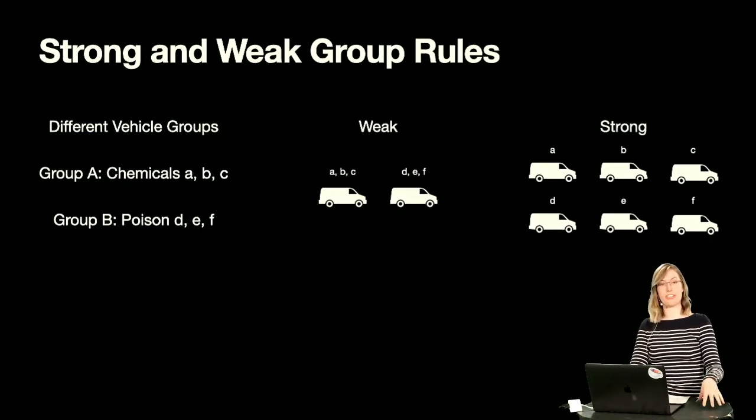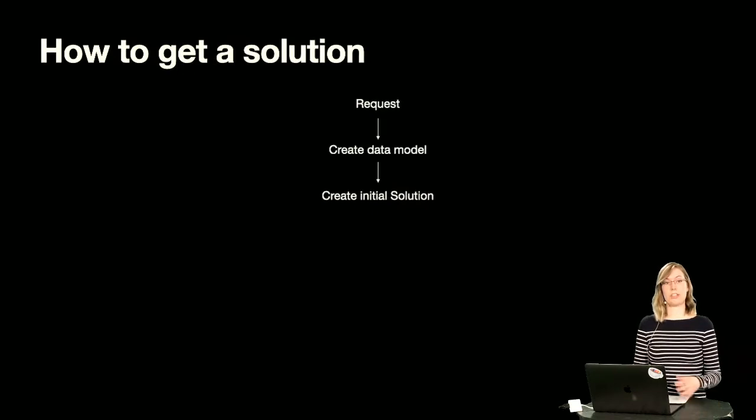So after we define this whole data model, we have the groups, we have our vehicles and drivers, we actually want to create a solution. And since it's an optimization, we always start with a general initial solution. Generally, solutions have one specific pattern.